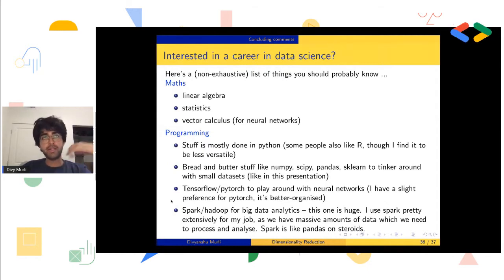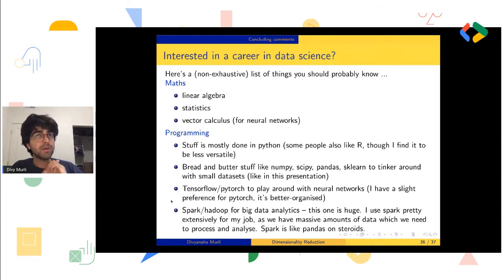You have to query it in some large database, and usually the way you query it is via SQL. So knowing SQL is probably good as well, although that's something I learned once I started my job. So SQL and Spark are things you might not need to know going in, but once you start any job in this space, you will be using both of those very extensively.